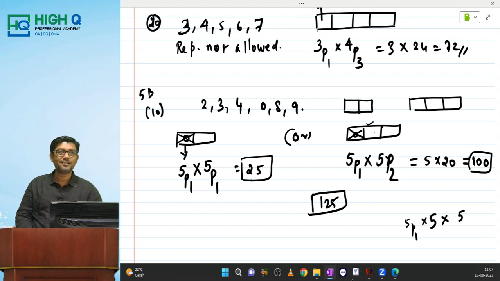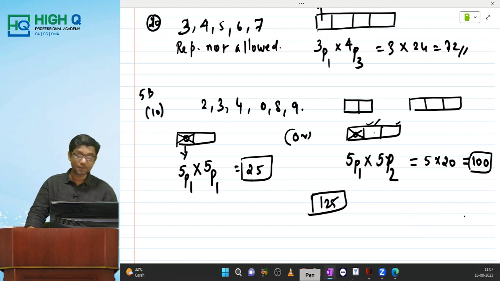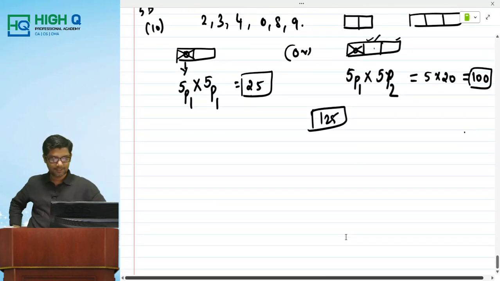Why? The same number, whatever you arrange, the same number can come here also, right? So what is your answer? 125. 125 plus 125? 150. Is it given in the options? You understood this?